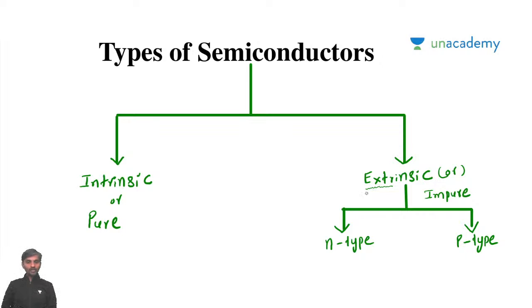Remember, whenever you add pentavalent atoms, a new type of semiconductor will form. What do you mean by pentavalent, sir? When you add pentavalent atoms, that is called an N-type semiconductor.